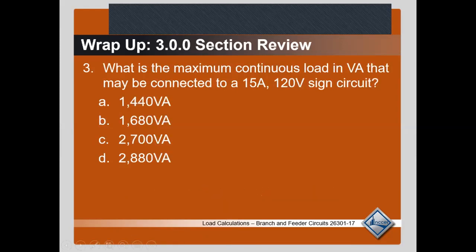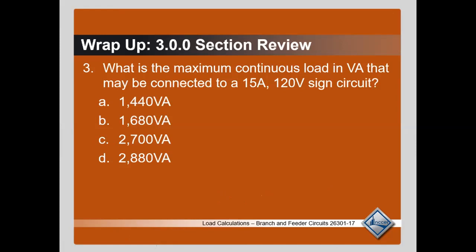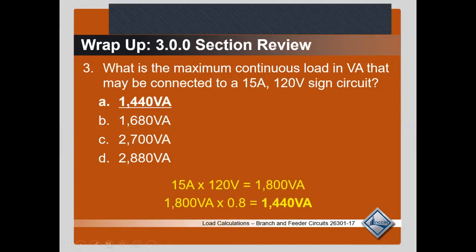What is the maximum continuous load in volt amps that may be connected to a 15 amp, 120 volt circuit? So they're using the formula of 15 amps times 120 gives 1800. Multiply that times 0.8.